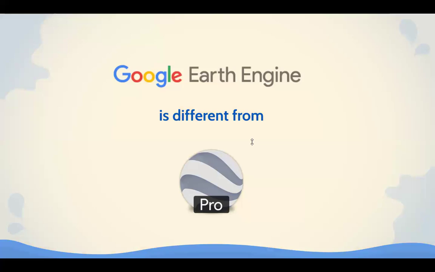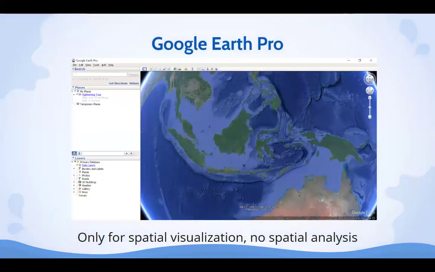The tool that we are using today is Google Earth Engine, and Google Earth Engine is different from Google Earth Pro. Google Earth Pro is a software from Google which is only used for spatial visualization and not spatial analysis.